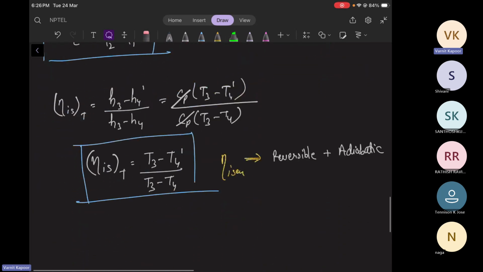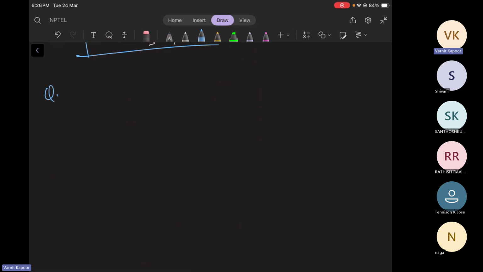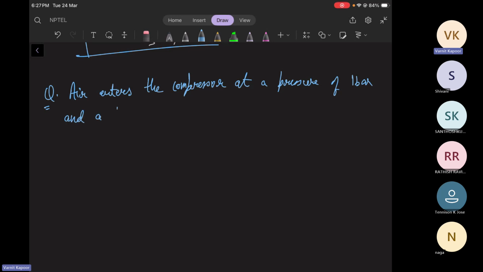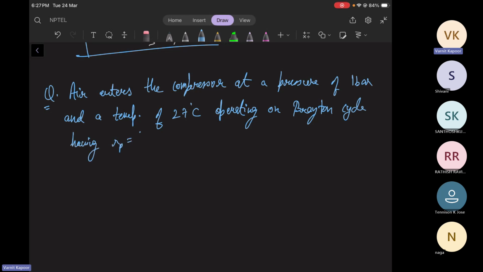Now let's do one numerical related to this. Air enters the compressor at a pressure of 1 bar and at a temperature of 27 degrees Celsius, operating on a Brayton cycle, having the pressure ratio equal to 6.